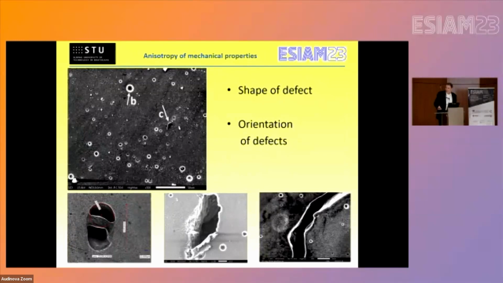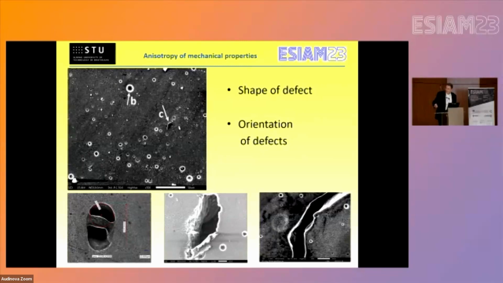If, for example, a crack goes through this lack of fusion, the tip of the crack theoretically has an infinite stress concentration factor, and when it goes through this defect, it probably stops, because this ratio decreases the infinite stress concentration factor. The bad defect is this very sharp one. The tip of this defect is very sharp, and this is a problem for the beginning of a crack and also for propagation of a crack.